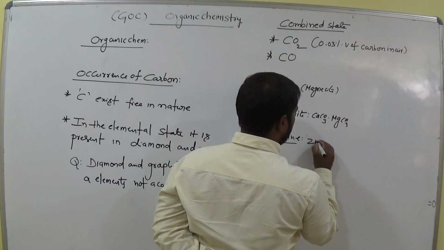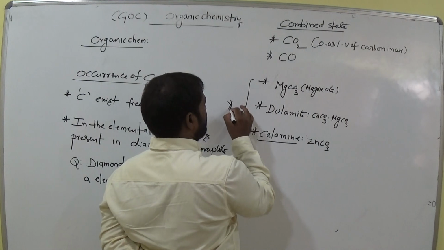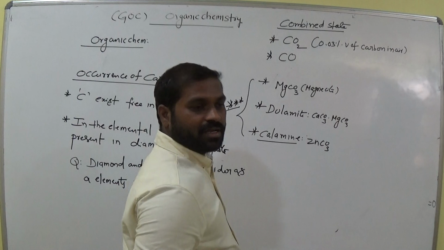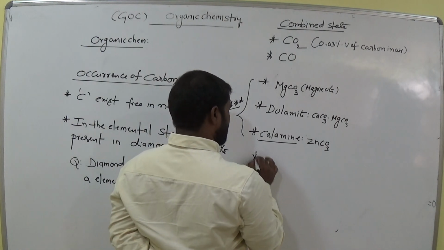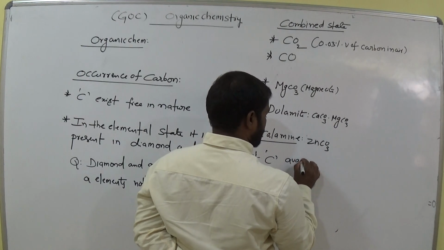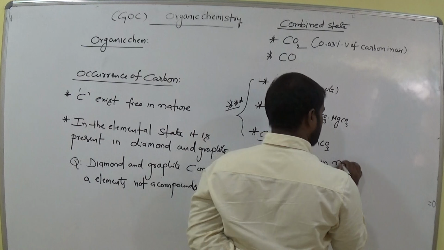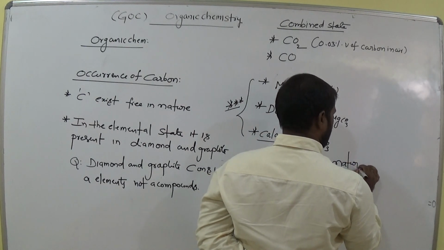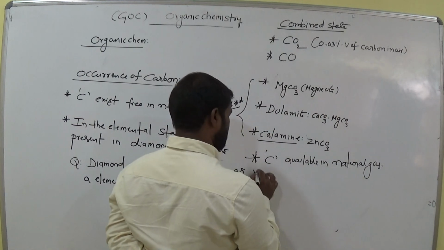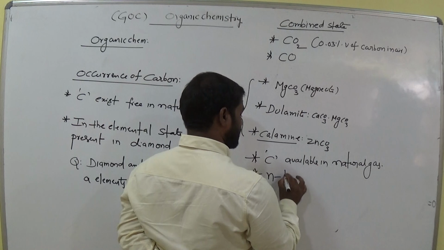Calamine, that is zinc carbonate, we call it. So these three are very important. And also carbon is available in natural gas, and it is also in N-butane.